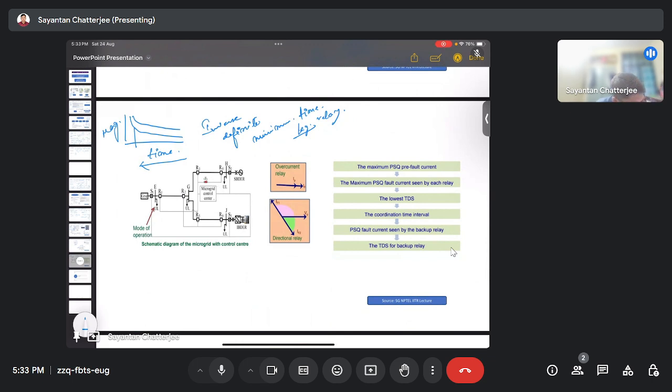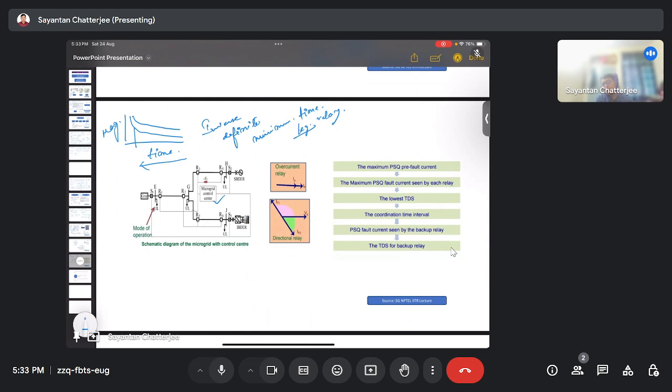The control center has proper communication lines to transfer data to and from the relays, and based on this, the relay circuit breaker would operate.